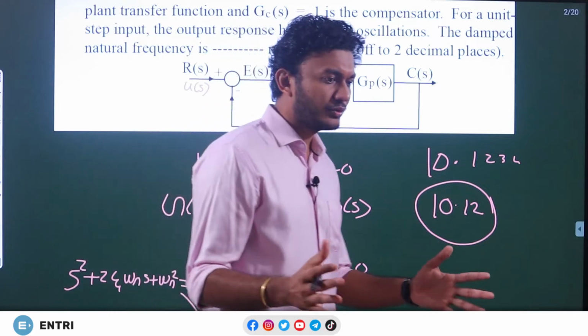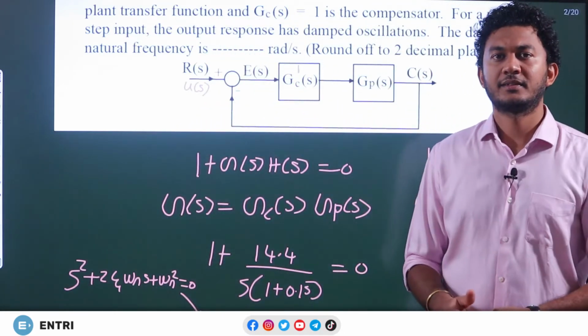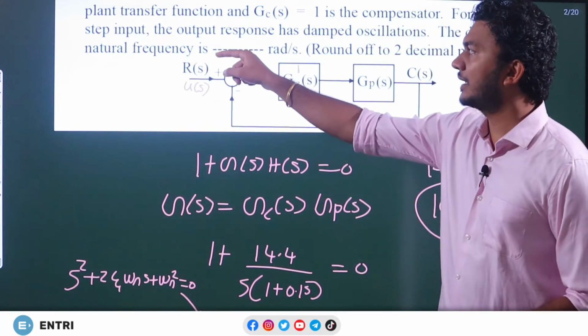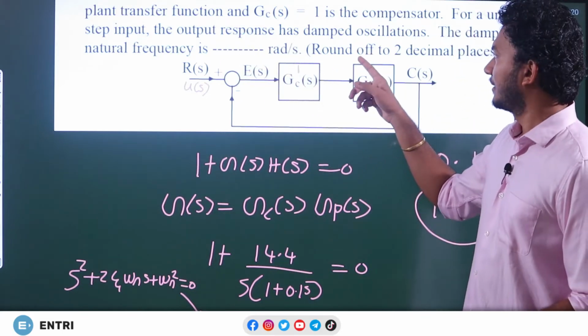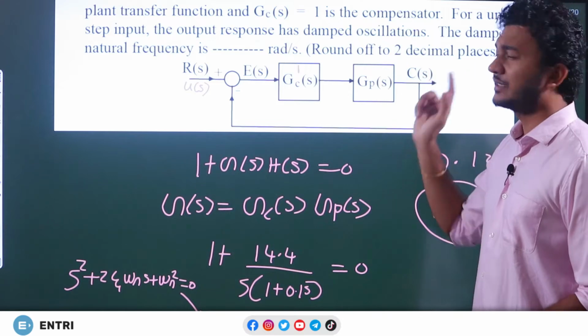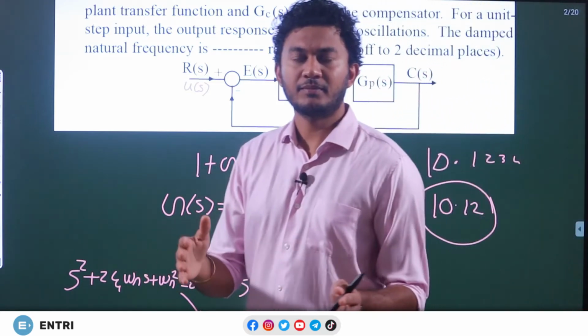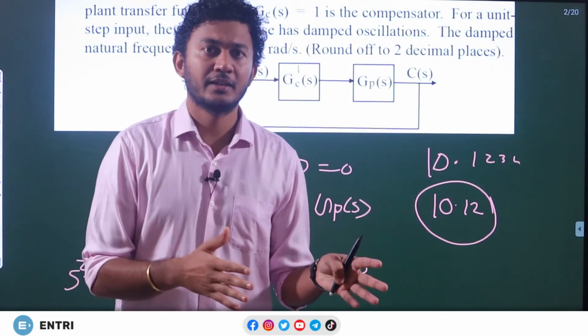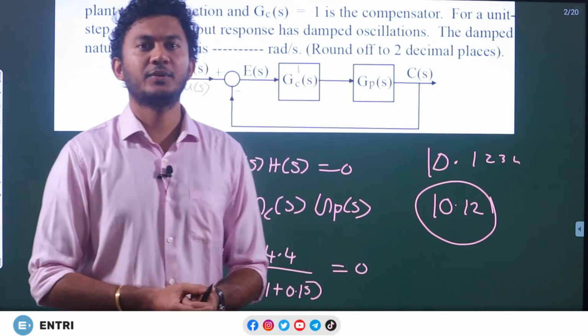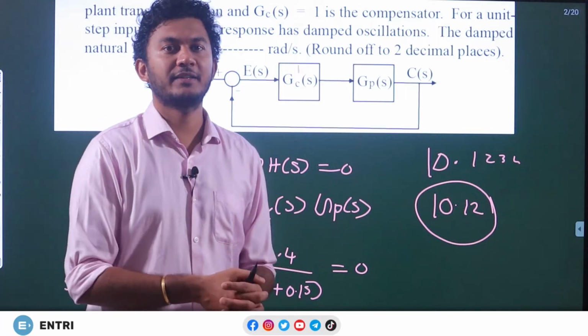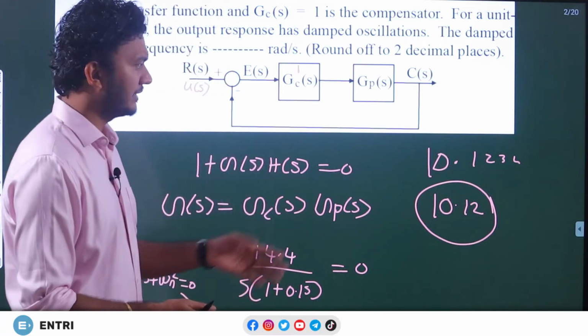So your answer should be in between that range. So don't write 10.12345, you can round off to 2 decimal places, and they will say some range like 10 to 10.5, and your answer should be lying in between that range. It's an easy question, right?